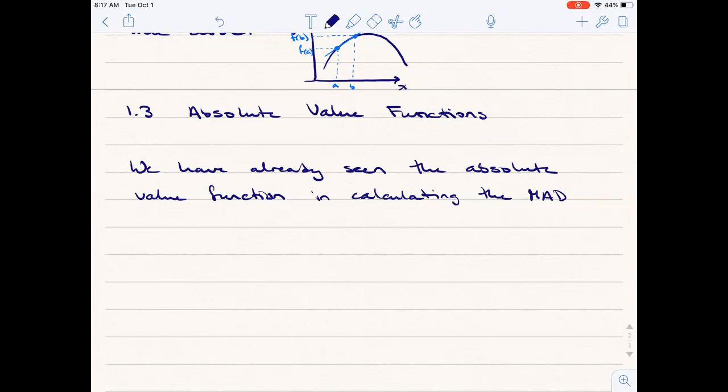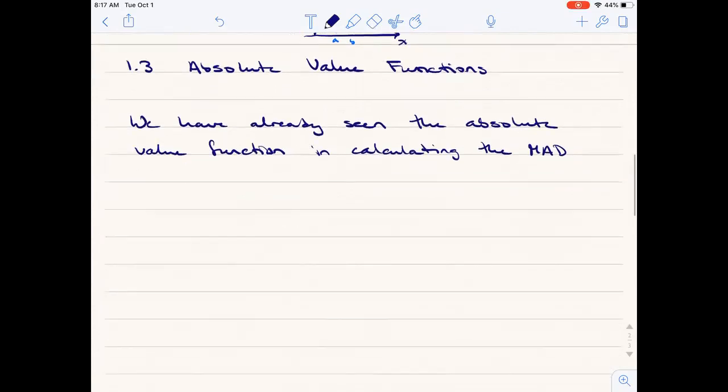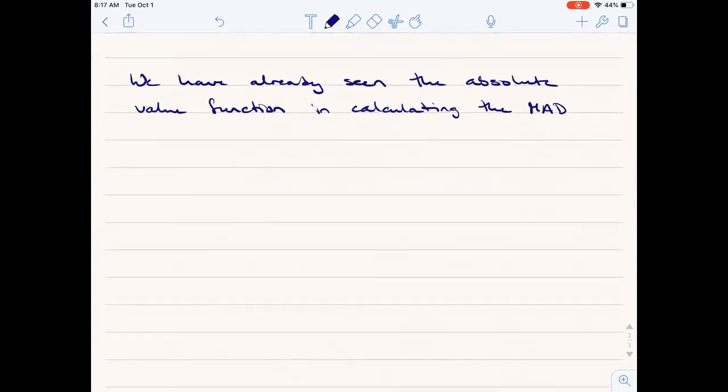We took some point, subtracted the mean, and then took the absolute value to make it positive. The absolute value essentially just makes it positive, but let's go through the formal definition, because it doesn't just drop the negative. It actually switches it to the opposite of the negative.